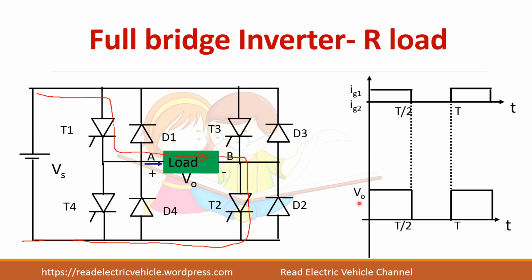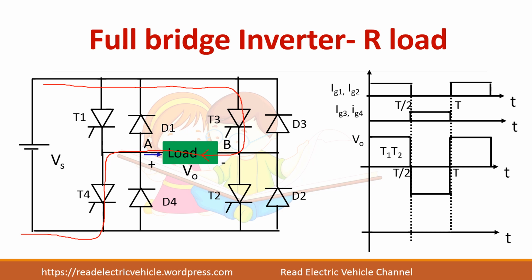This end is connected to A and the other end, B, is connected to the negative of the supply. So output voltage will be equal to the supply voltage. So V0 equals Vs when T1 and T2 conduct.